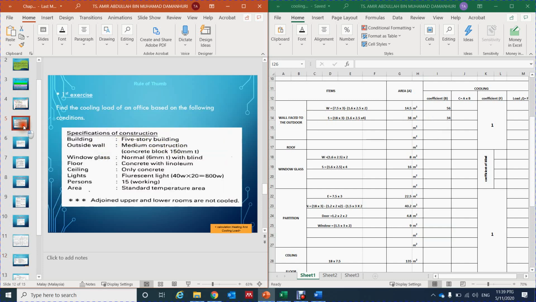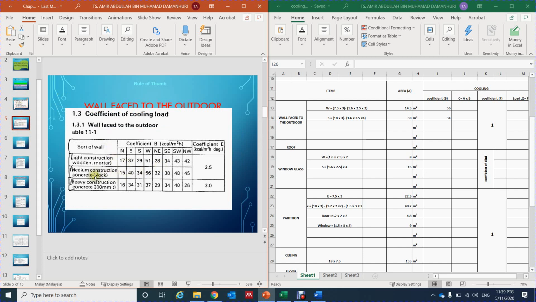So refer to the medium construction here, and refer to the orientation of the wall or the window glass that we know before. It is west, so it is medium construction, and the orientation is west, 56 here, so we put 56. And then the south is medium construction, south we put here 34.